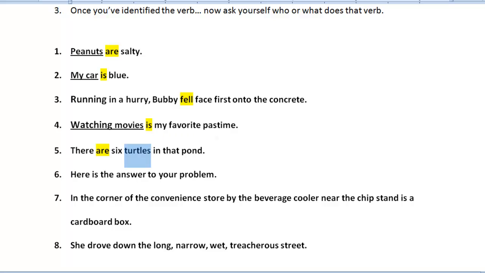The word there will never be a subject in a sentence. It does not happen. The word here will never be a subject in a sentence. Cross it out. Here's the answer to your problem. Here was the answer to your problem. When we change the tense, we get the verb. So what, knowing that here cannot be the subject, is the subject? What is? Oh, well, the answer is. Okay, there's the answer.